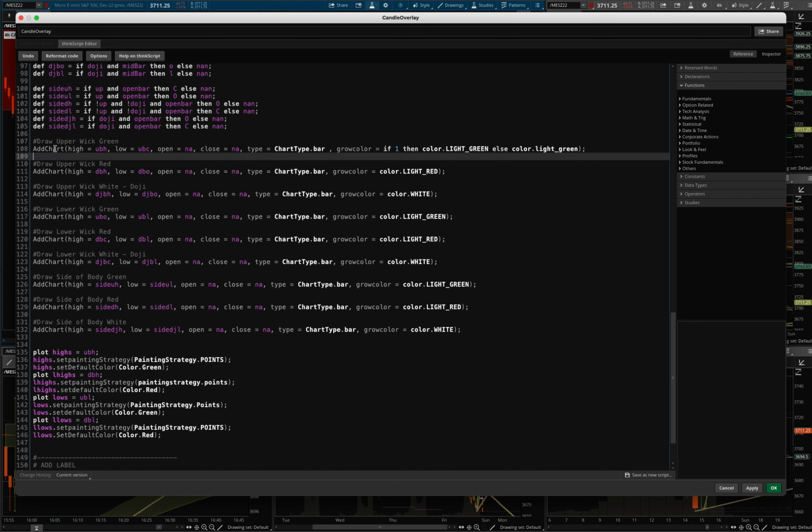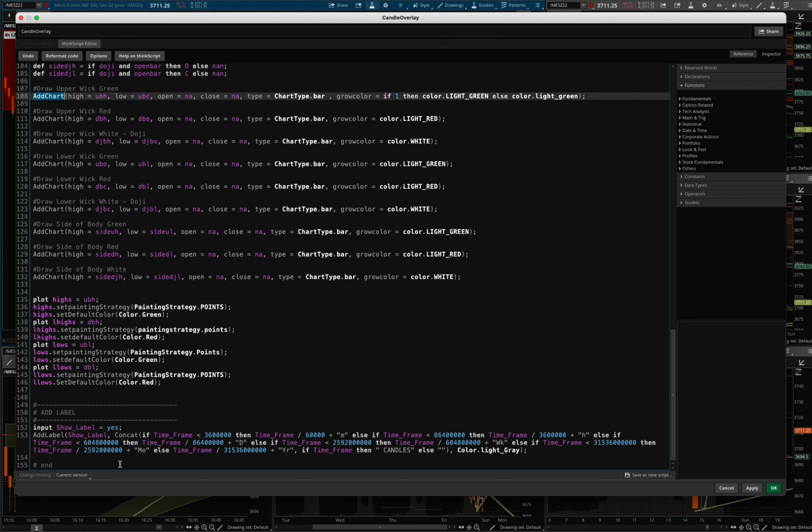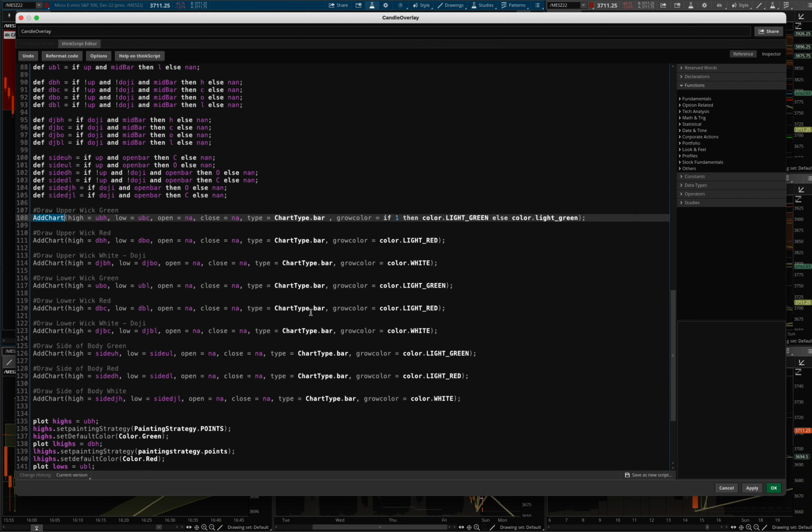But the way it's being used here is to just draw random vertical lines from a random price to a random other price anywhere on the chart, which is just cool. I didn't even realize that this was a thing, and so this is mostly what I'm stealing from this whole thing and rewriting. And this has a label in it too that shows various things that I didn't find all that useful. But the cool thing is this AddChart.